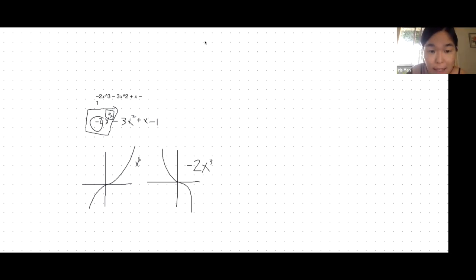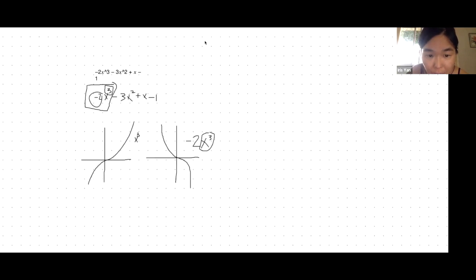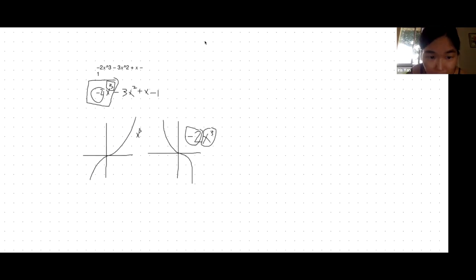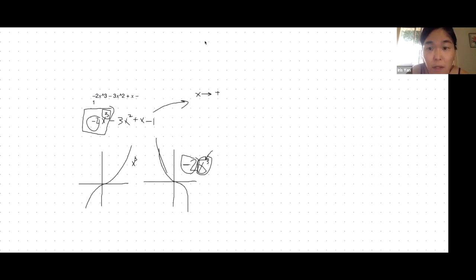So when x is very large but positive, this is going to become more and more negative. When x is negative, x cubed is negative, but times minus 2 it is going to be positive. So we say that the end behavior of this function is, as x goes to positive infinity, just to say as the number becomes bigger and bigger, f of x goes to negative infinity.